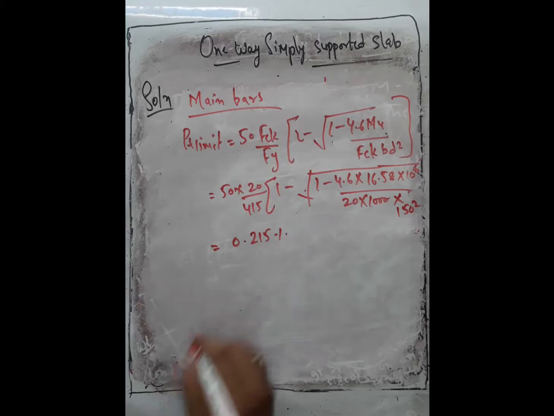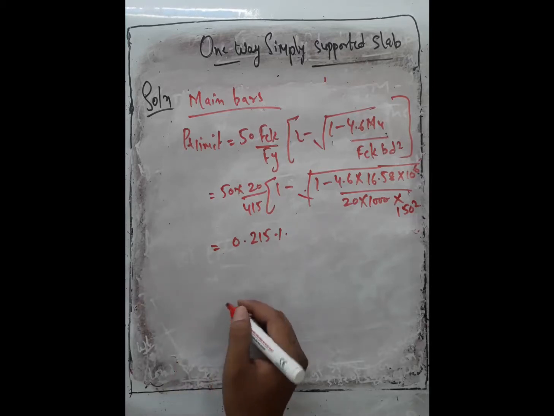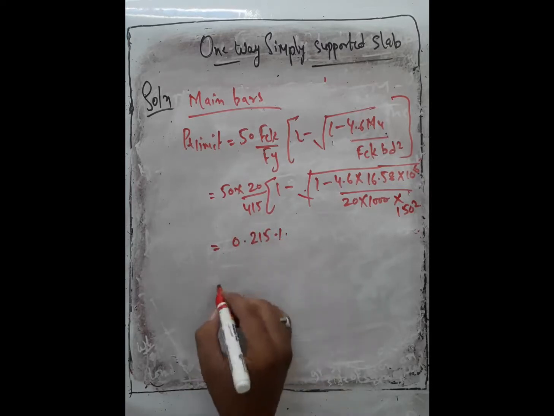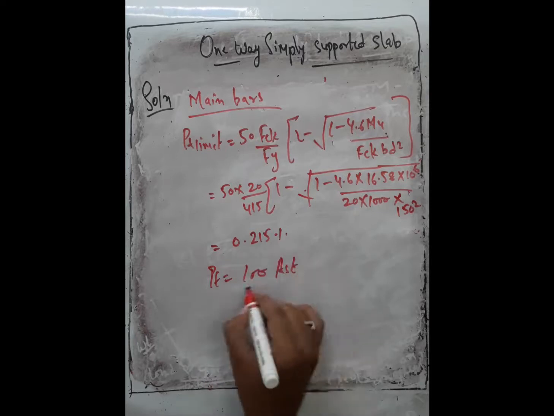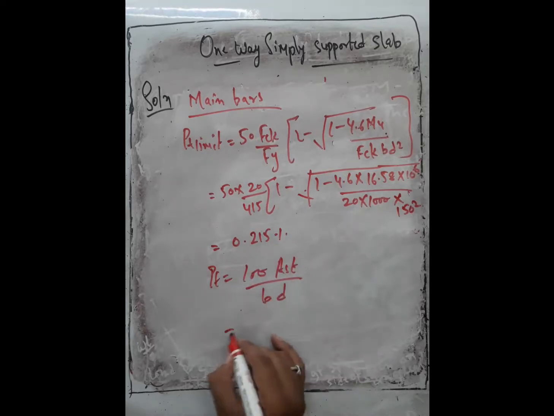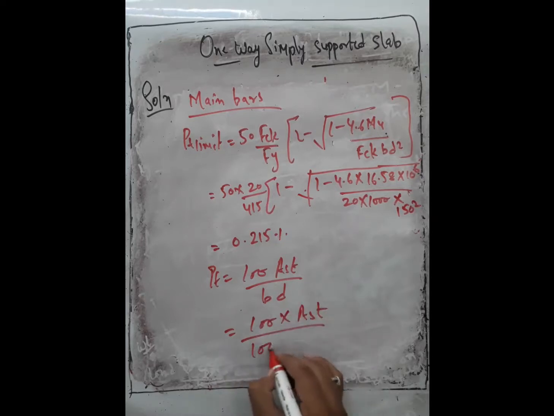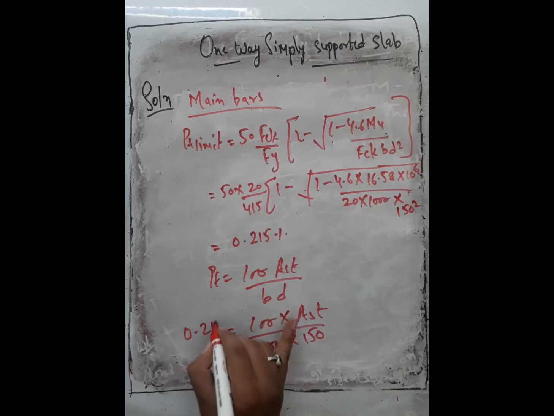And we know that PT is equal to 100 Ast upon bd. So 100 into Ast divided by 1000 into 150, here we have 0.215.